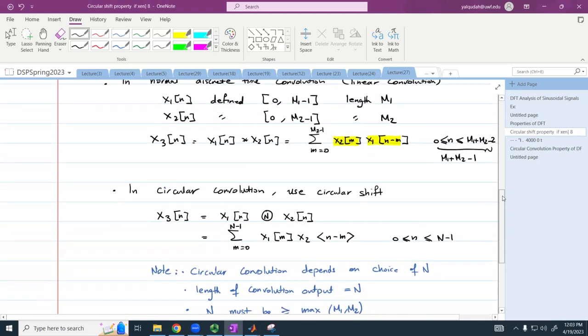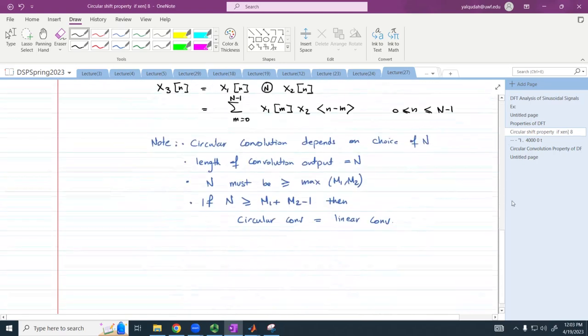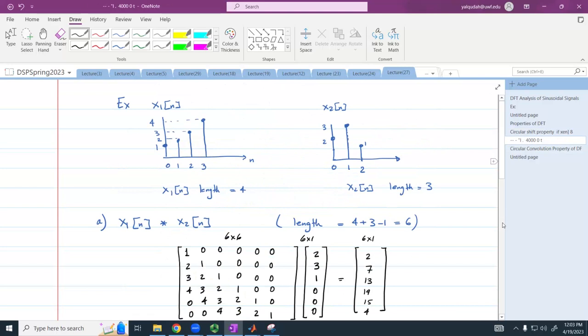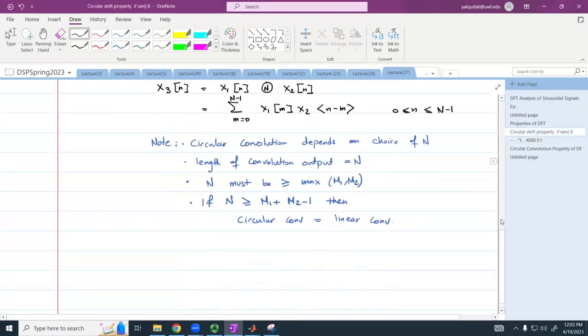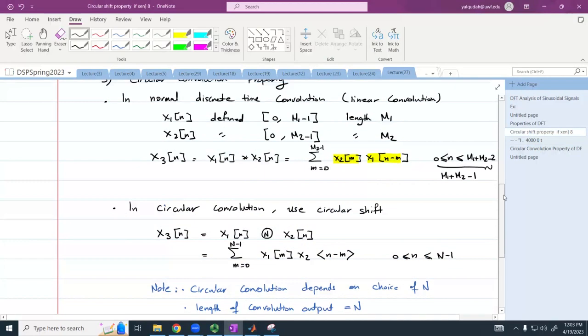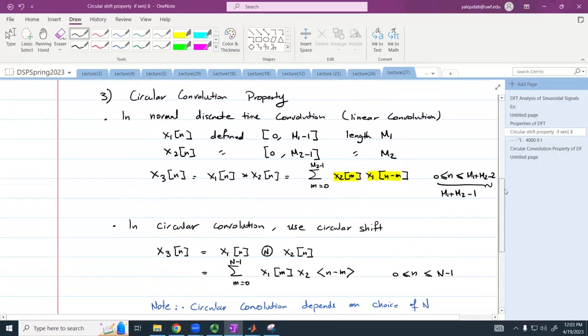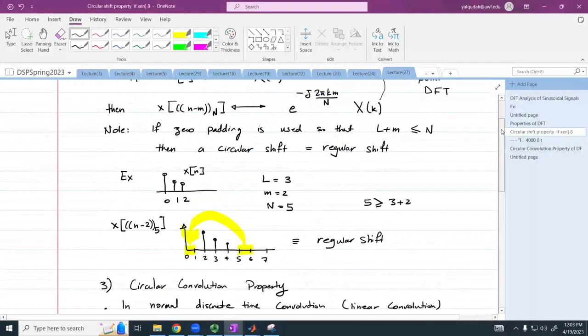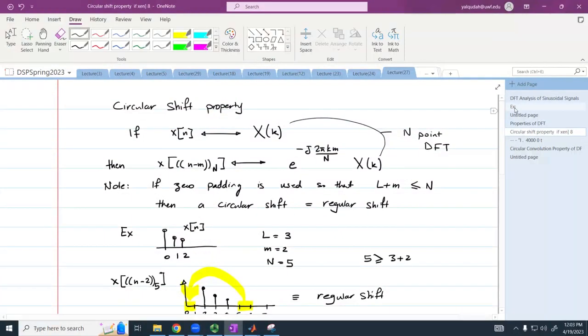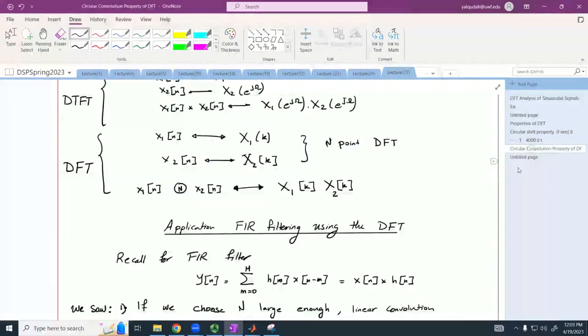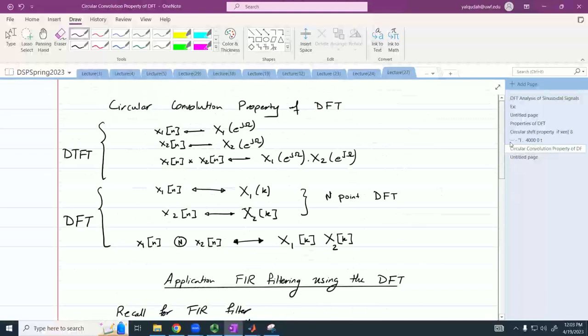Here's the circular convolution. The circular convolution is going to give me x1 multiplied by x2. What does all this mean? So let's put it all together and do an example.